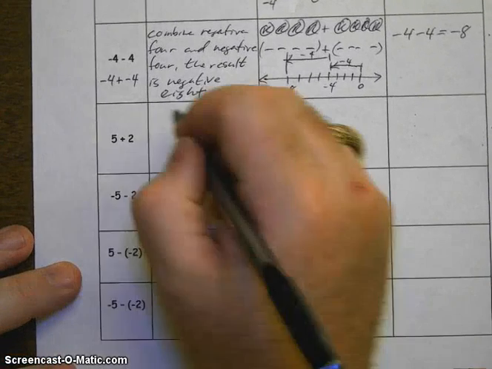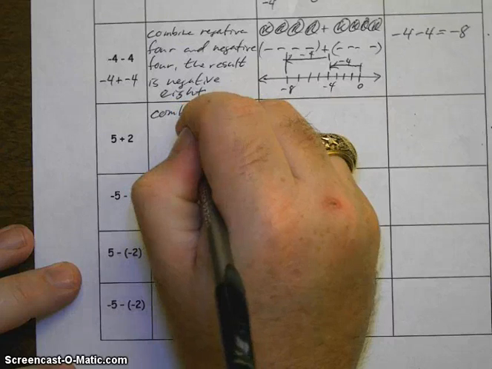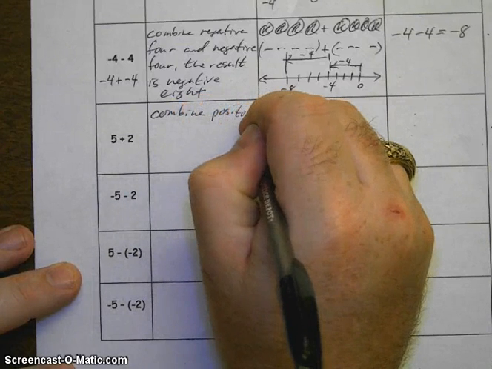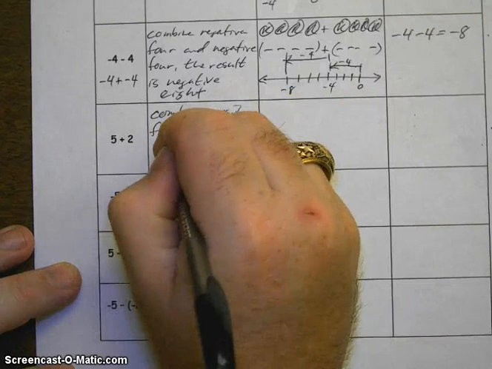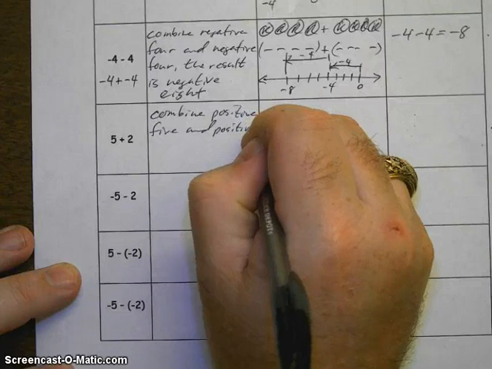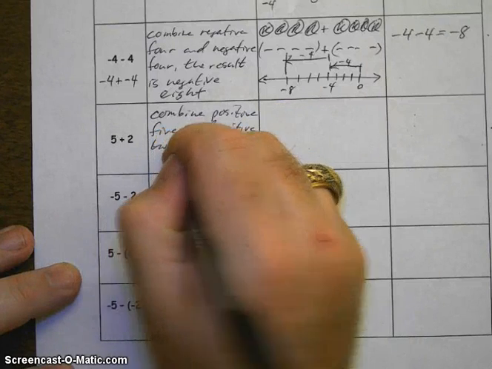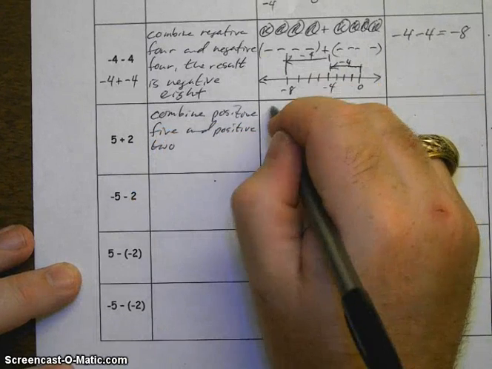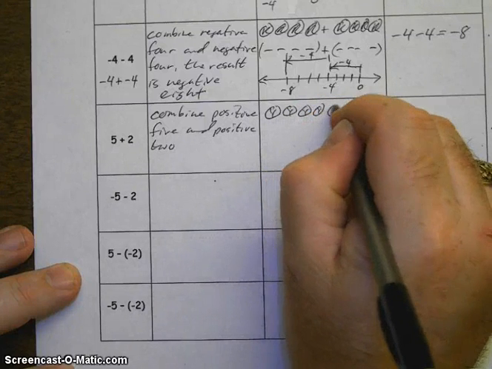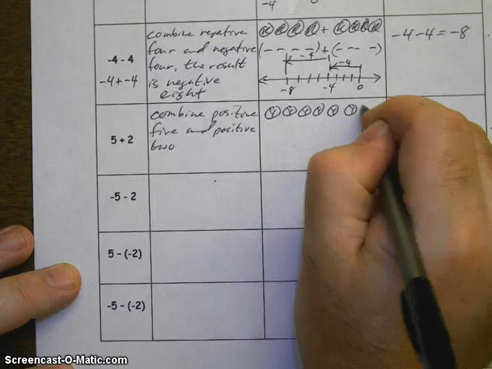Next example, combine +5 and +2. So 5 yellows, and then you put 2 more yellows.